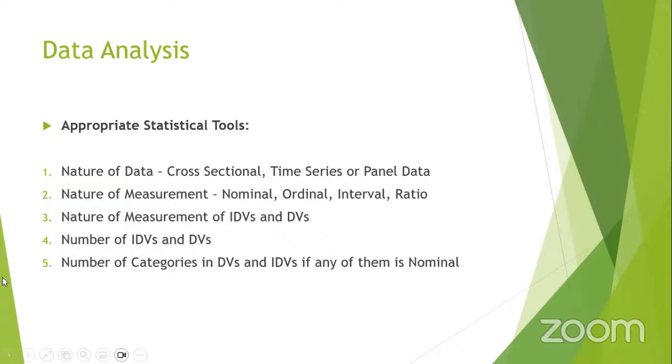These 5 steps lead you to the right statistical technique. Which technique should be applied? If the data is cross-sectional, the independent variable is nominal, and the dependent variable is interval, we will apply ANOVA or t-test. This is the way that we choose.